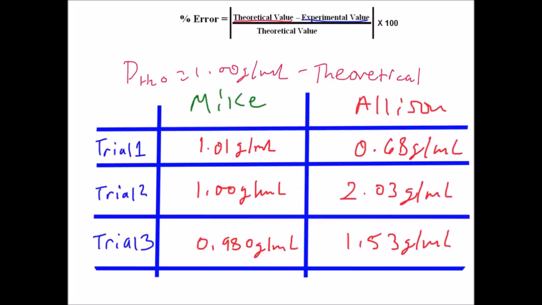Okay, we do not have a spot for 3 separate trials worth of data. So there are 2 approaches to this. You could find the percent error for each trial individually, or you could find the percent error for the entire experiment by taking the average of all of the trials. And I think that's the method that we'll go with.